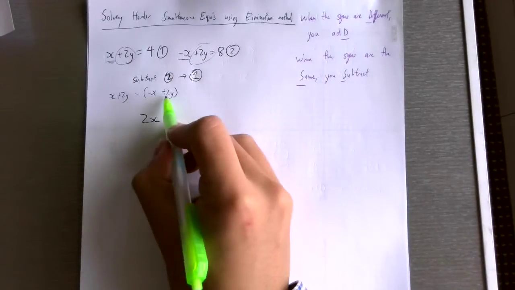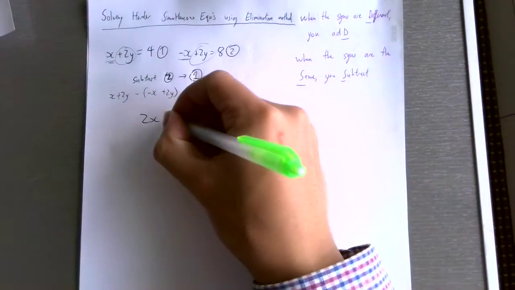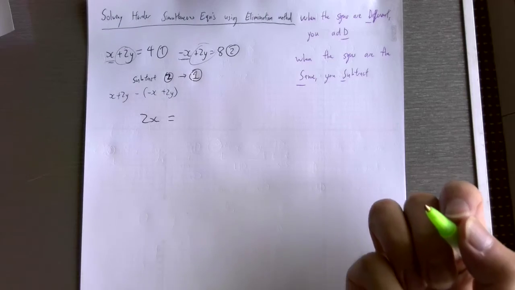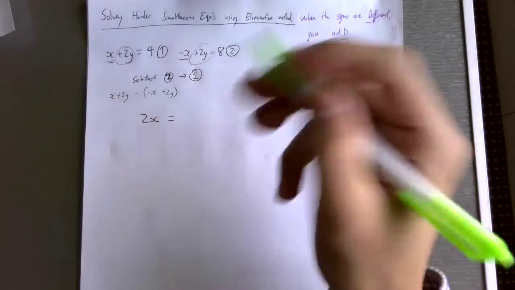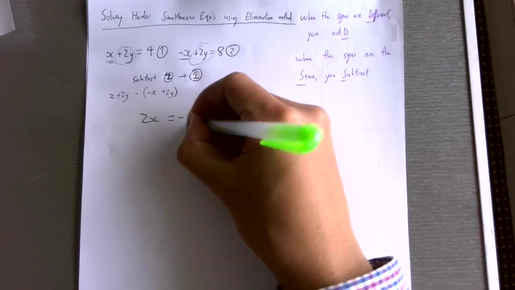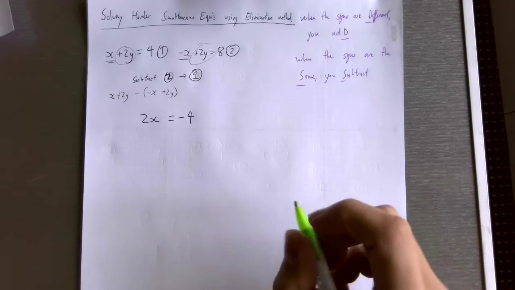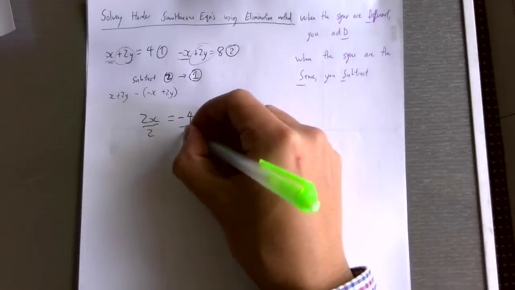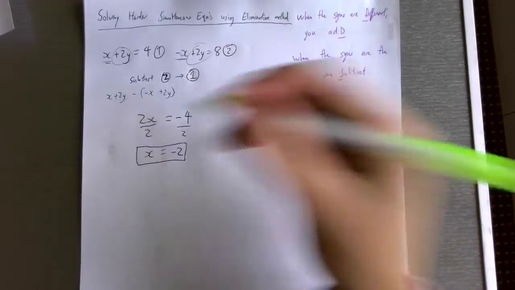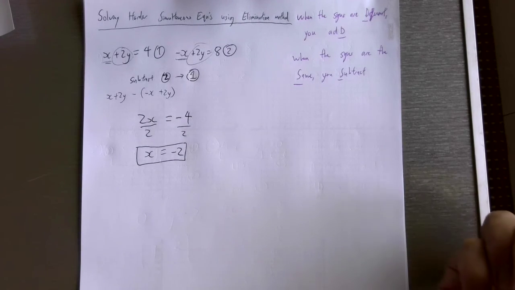We have 2y minus 2y, that will cancel out. And so what we have on the left-hand side is just 2x remaining. And then we're also going to do 4 minus 8. So 4 minus 8 is negative 4. And then we have to just solve this equation, which means we're going to divide 2 from both sides. And so our x is equal to negative 2.